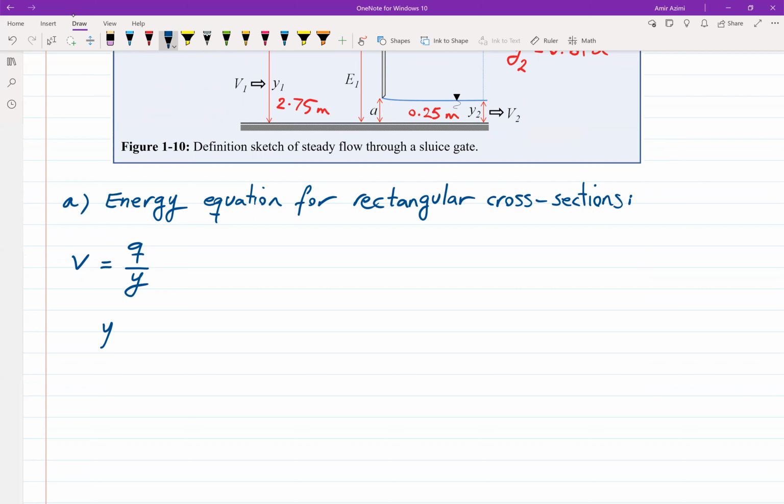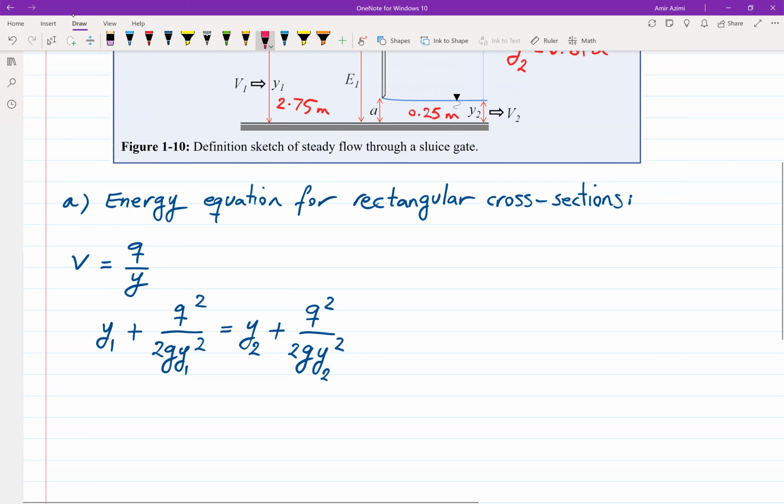So I'm going to have y1 plus q squared divided by 2g y1 squared is equal to y2 plus q squared divided by 2g y2 squared plus energy loss. In part A, we assume that the energy loss is negligible, so it's going to be 0.